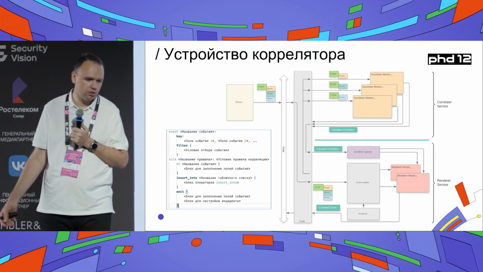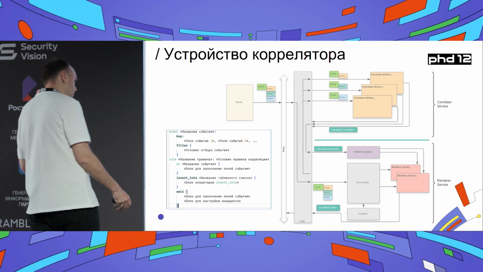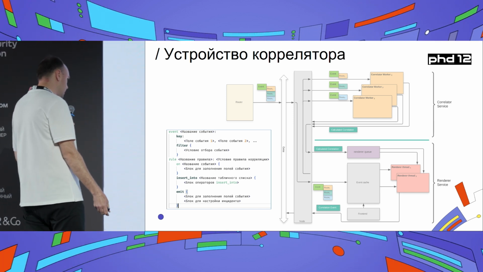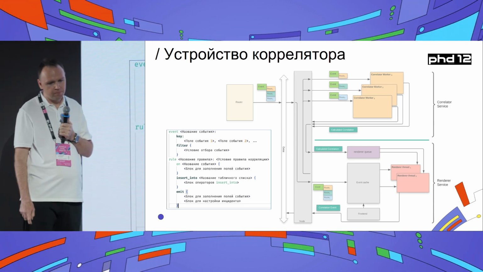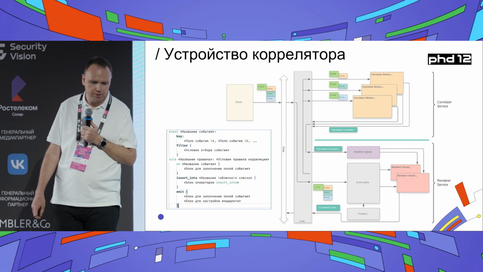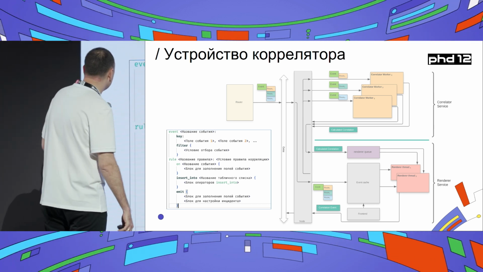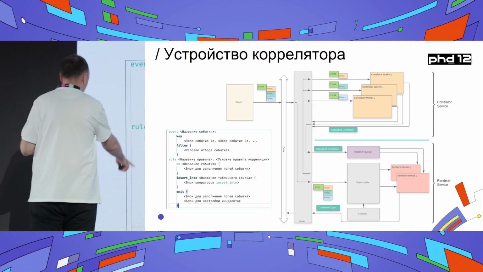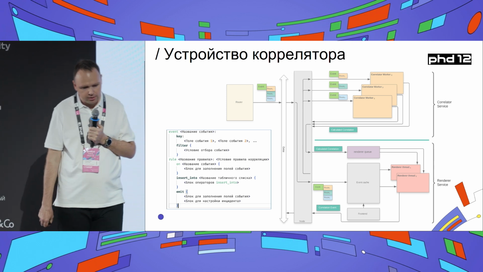With brute force, for example, the key could be the user login or the sequence of the username and the nodes which it visited or the service which it visited. So then, based on that key, a set of events is being formed, and based on the rule description, a chain is built.